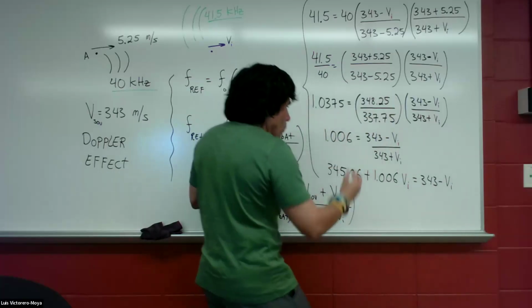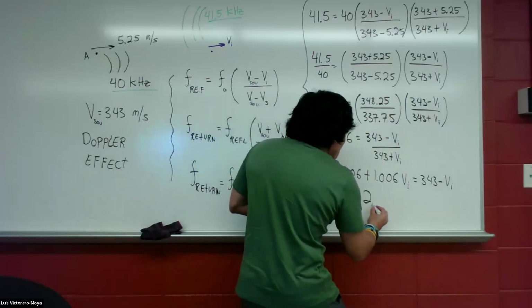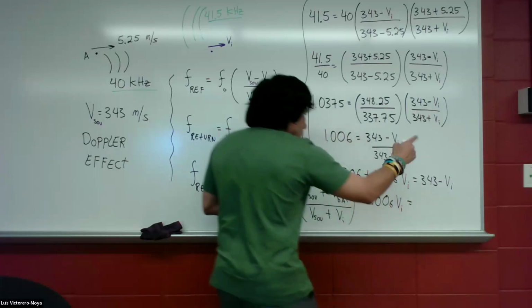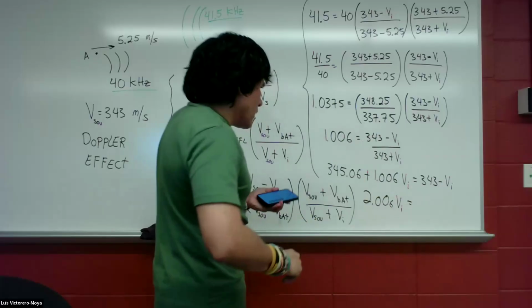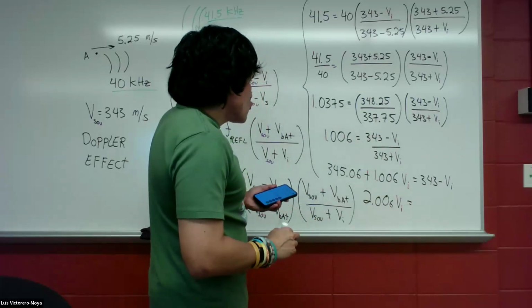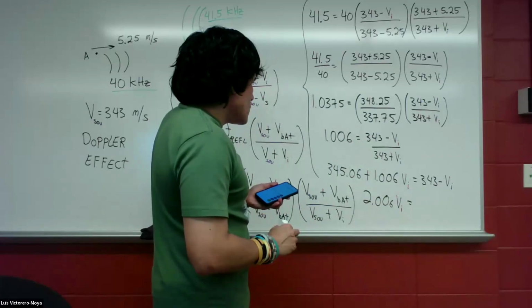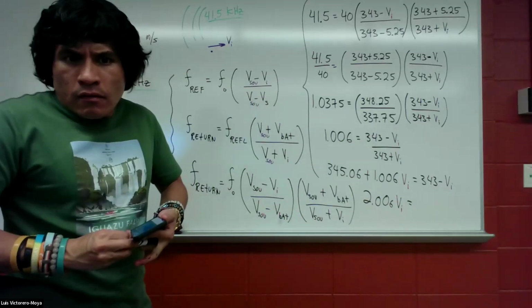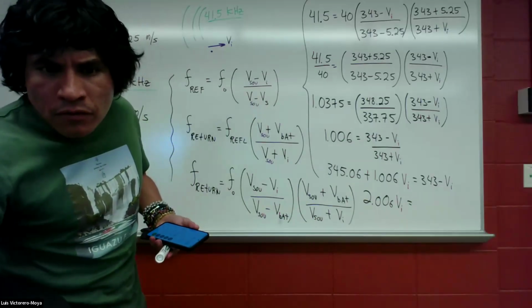So I get 2.006 VI equals to, what happened here? See, because of the frequencies, probably I put the wrong numbers. Let me see.